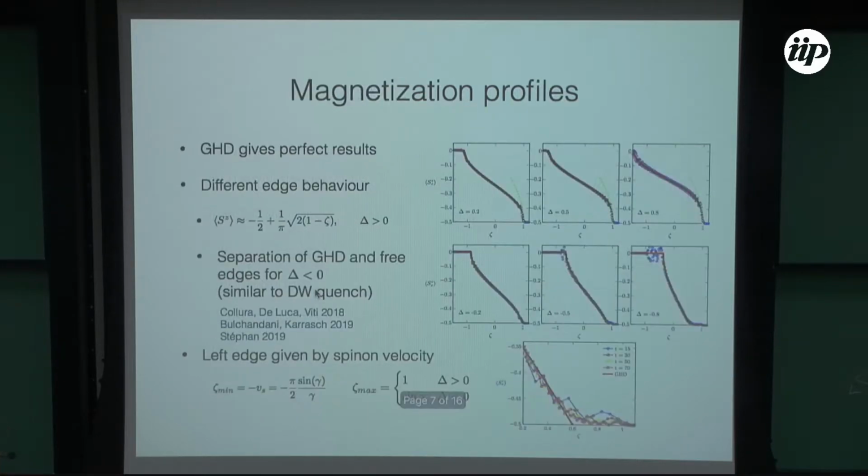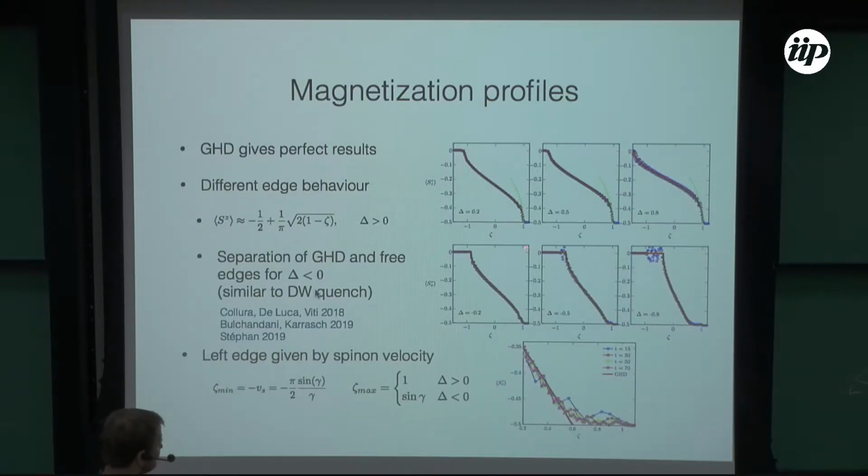So let's see what it means for the densities. These are the plots of the magnetization profiles for various delta parameters. The blue curves are the DMRG simulations.